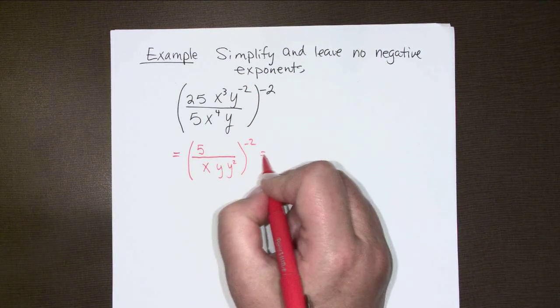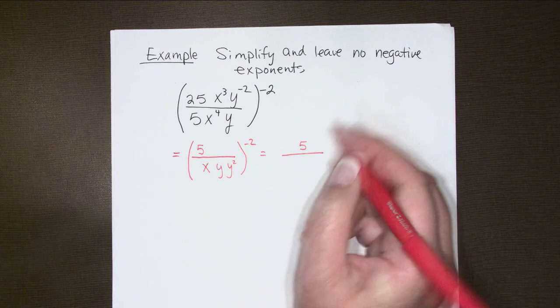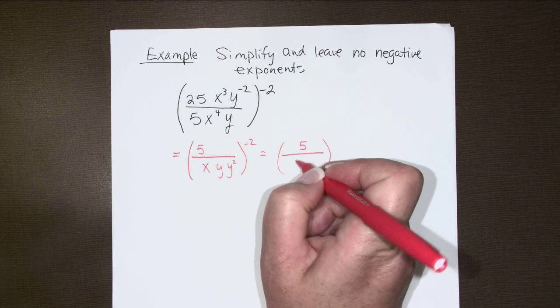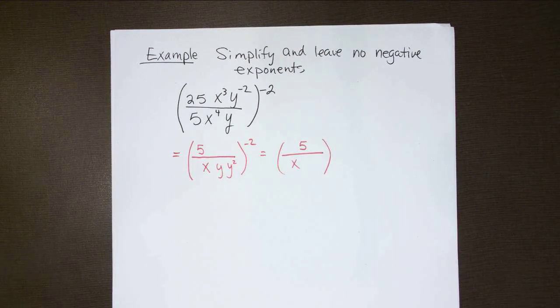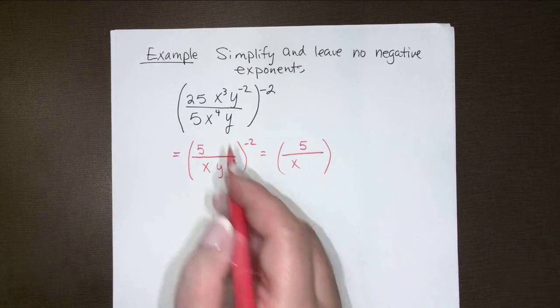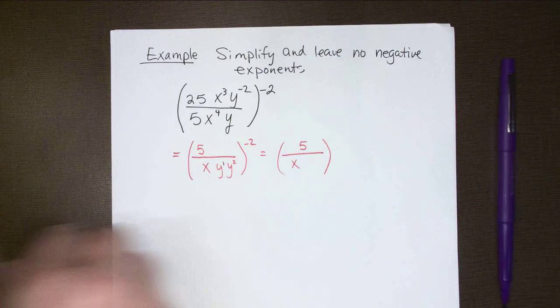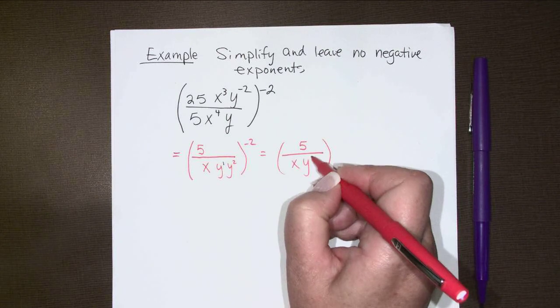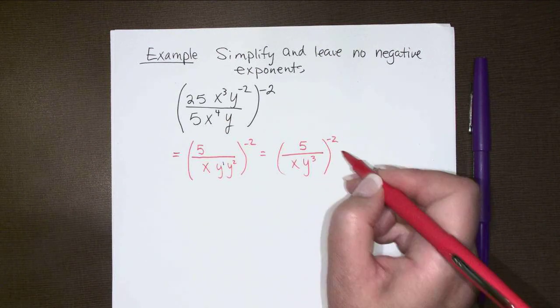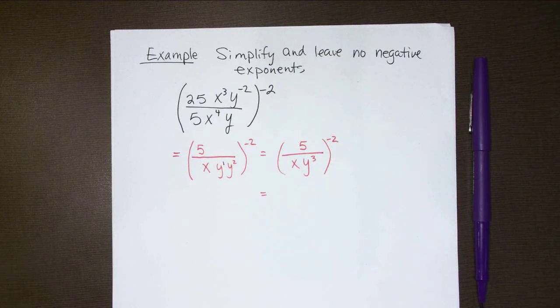Now that 5 looks sort of out of place, but that's okay. There, we'll move it to the middle. How many y's are in here? 3. This is understood to be a 1, and you add the exponents, so that would be y cubed. And that's all to the minus 2. So what does the minus 2 do?